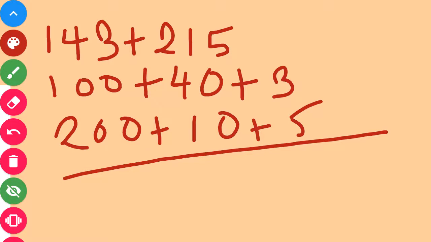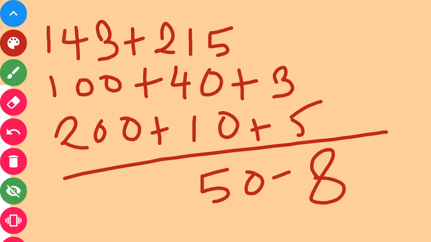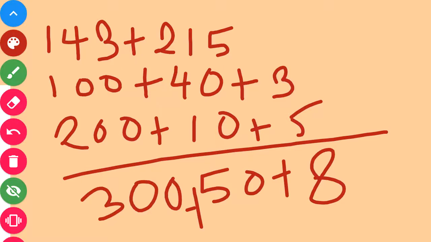What will we get? 5 plus 3 is 8. 40 plus 10 will give us 50. And 200 plus 100 will give us 300. So our answer will be 358.